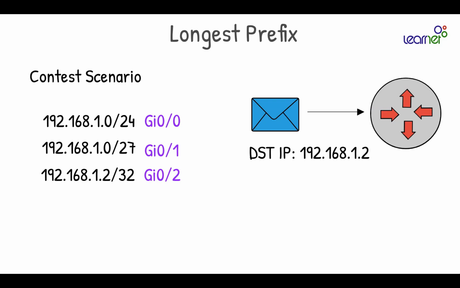But 192.168.1.2/32 is the most specific match, as it matches all 32 bits of the destination address. Therefore, the router will choose the 192.168.1.2/32 route and forward the packet out of gigabit Ethernet 0/2.